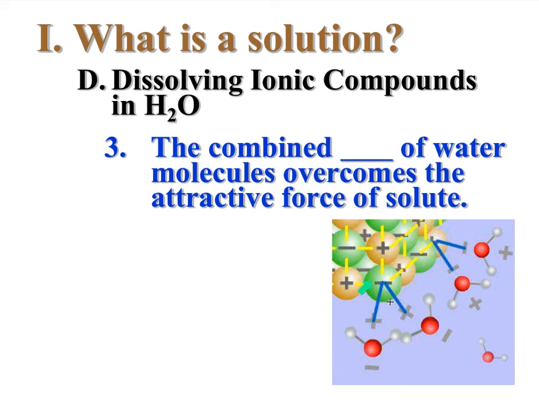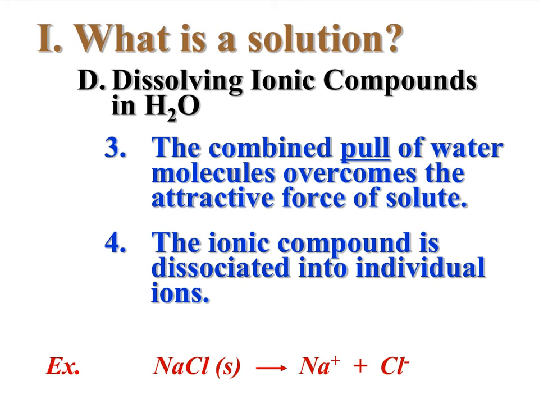Well, they pop. They're removed. They become dissociated, right? You get a pull from all these different water molecules that ends up overcoming the pull between these two ions. So the ionic compound is dissociated into individual forms.